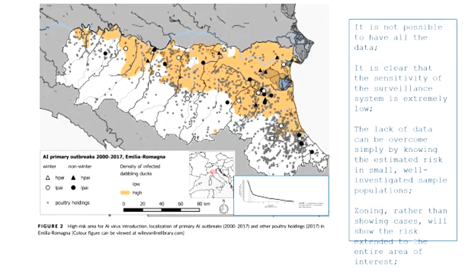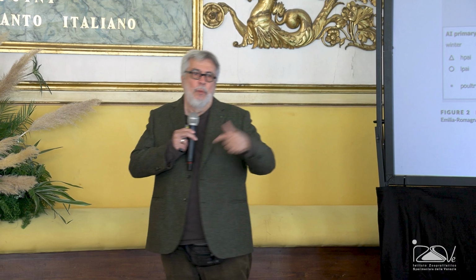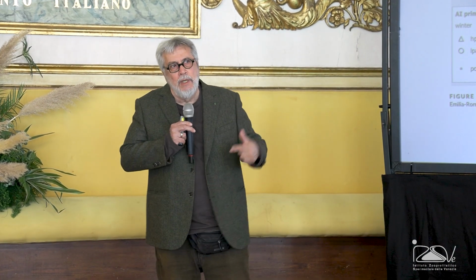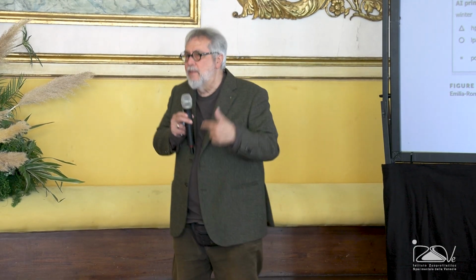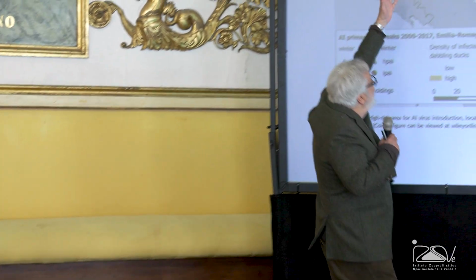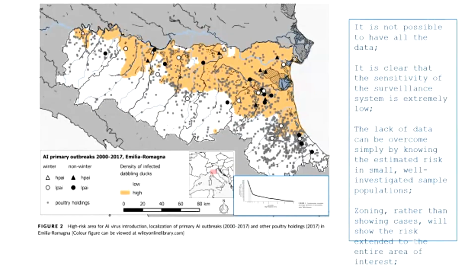And in this case, the goal of the system is not to fight avian flu in wild birds. That is technically impossible. But it is to increase the biosecurity level in the farms in order to prevent the introduction of avian flu. So these are the farms where you have to increase the biosecurity level.